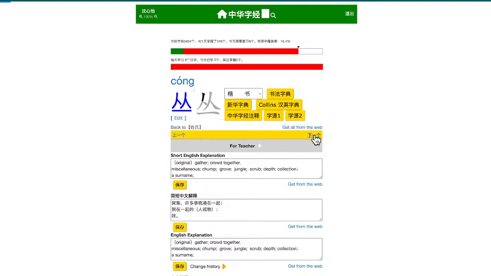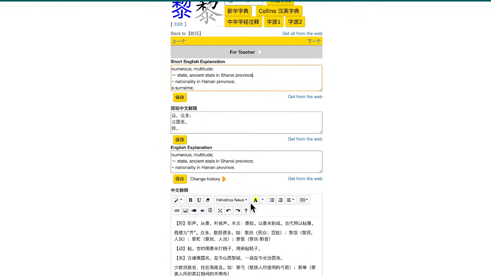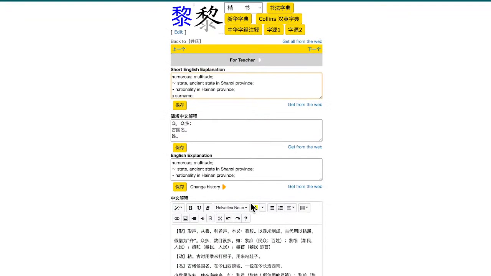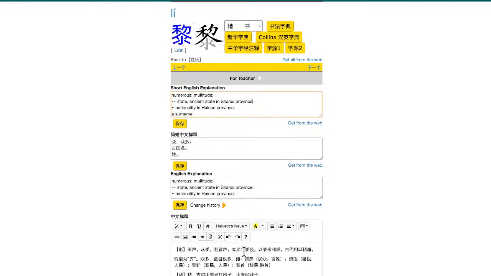Next one is 离. Okay, 离. The original meaning is 离焦, which means a type of rice, okay, and it's very sticky, so in ancient times it was used as a type of glue.